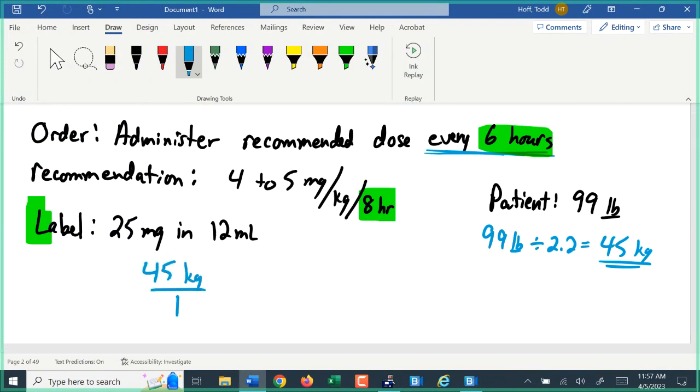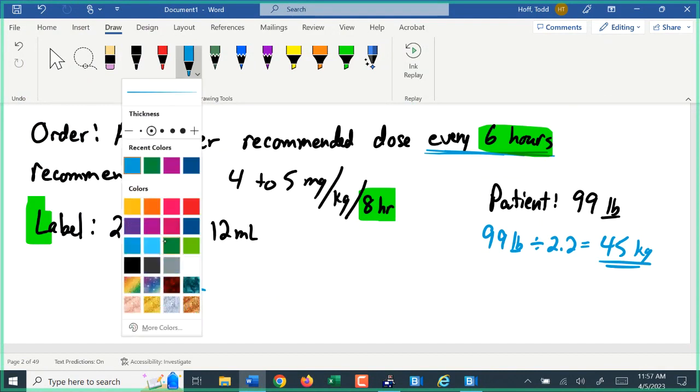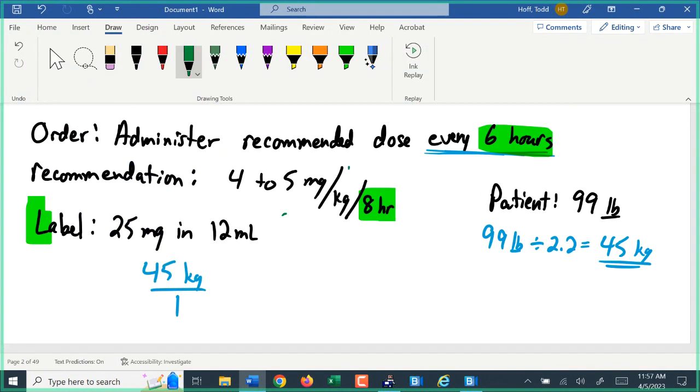45 kilograms over 1. Once again, we will select the maximum dose, the 5 milligrams per kilogram. So we're putting kilograms on bottom. It's 5 milligrams on top per 1 kilogram on bottom. The kilograms cancel out. We now have milligrams.